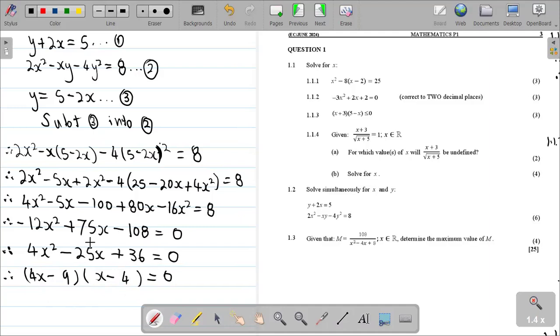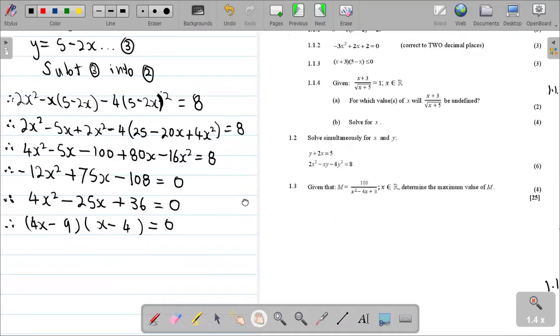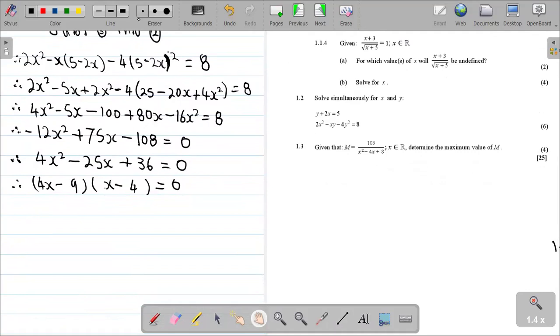So what's going to happen? The next thing that we're going to do here is, it means therefore x equals 9/4 or x equals 4.